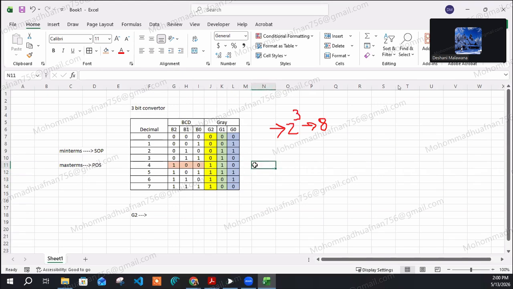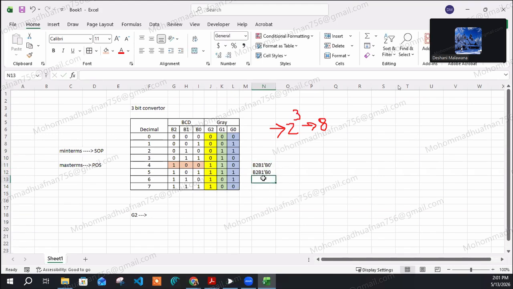So here B2, okay, B2, then after this should be 0 0. So B2 dot B1 bar B0. Okay, then after here again B2, then B1 dash, then B0, here B0 dash, right?